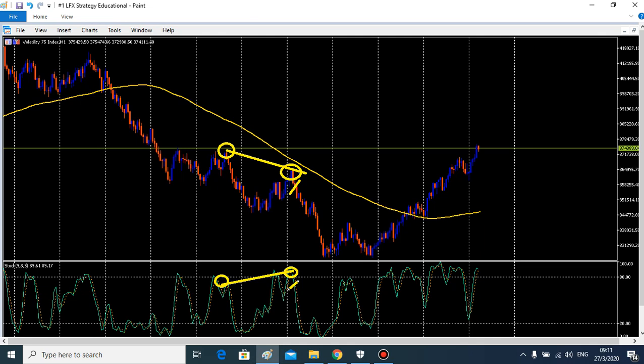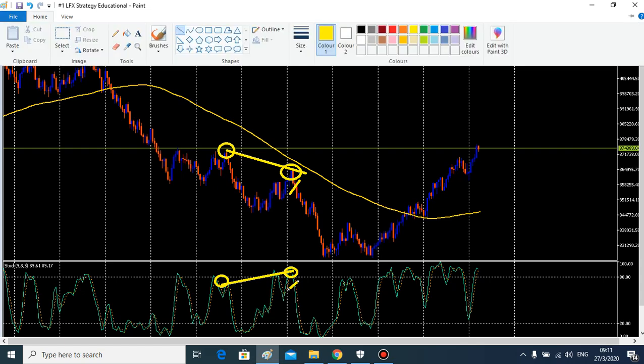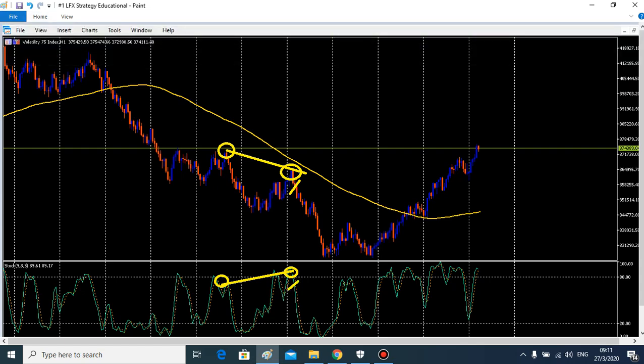So the moment you identify this, without hesitation, you have to buy. But in this scenario, you have to sell. Let's look, for example, at this chart. You have this one and you have this one.